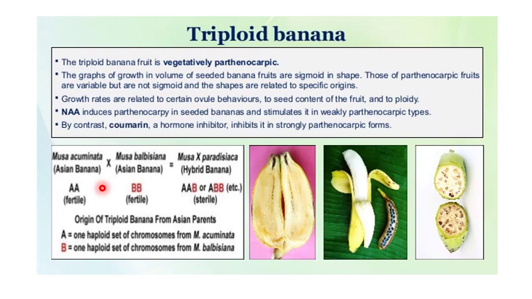Growth rates are related to certain ovule behavior, to seed content of the fruit, and to ploidy. Here is an example in which the triploid or hybrid banana is formed by crossbreeding Musa acuminata and Musa balbisiana.